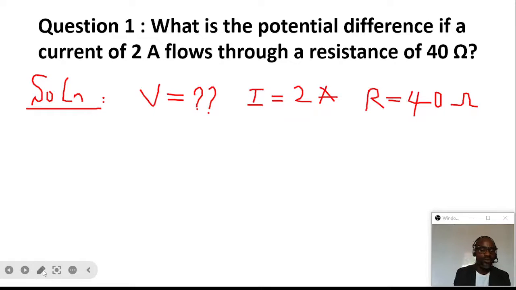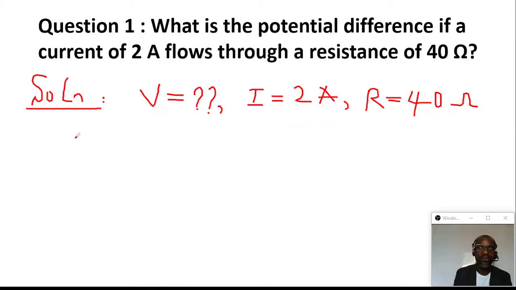So we can work with all that information, because there should be a comma here as a sort of separation. Good. So the next thing, we state the formula we're going to use.